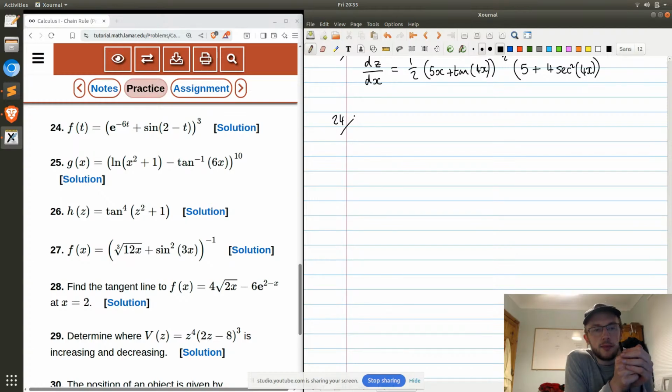f of t is e to the minus 6t plus sine of 2 minus t. All of that is cubed. So f prime of t, differentiating the outside function.